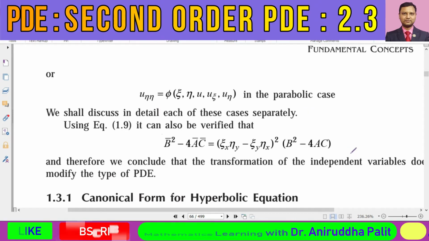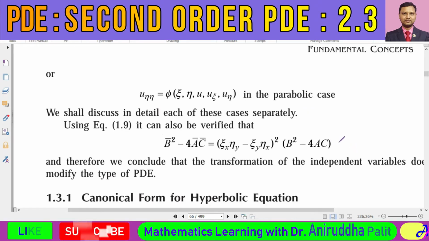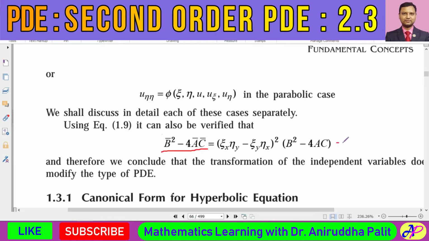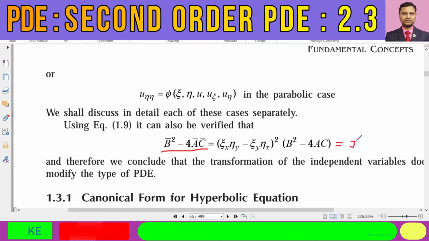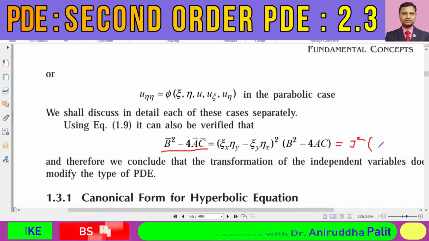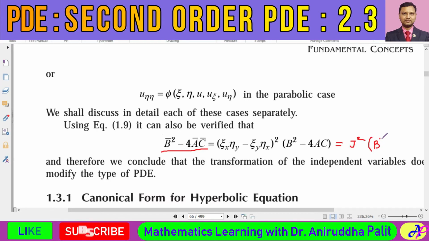And we can establish this kind of relation, that b bar square minus 4 a bar c bar is equal to the Jacobian of the transformation J square into b square minus 4ac.